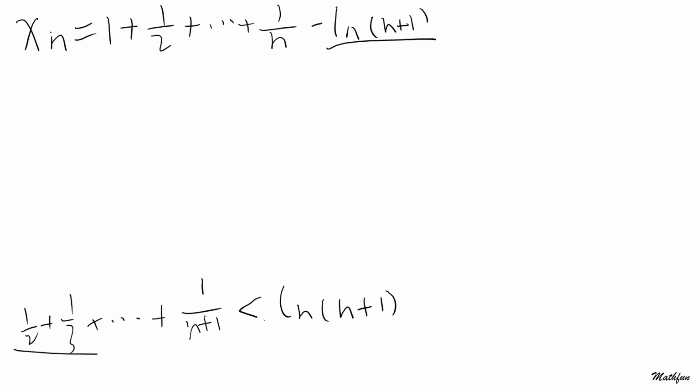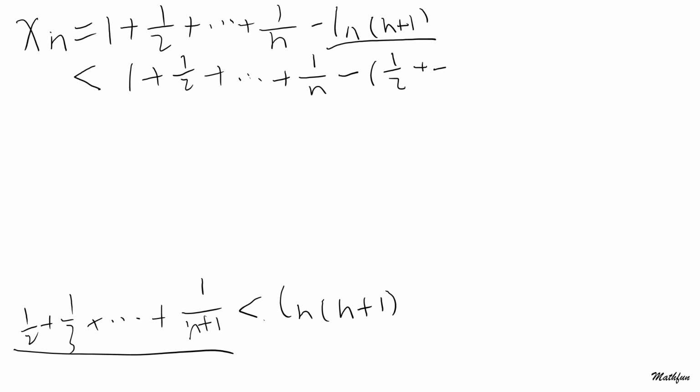So we're going to put this one in the place of that one, and this is a smaller number. When we subtract a smaller number, that means we will get a bigger result, isn't it? So that means we will have to put a smaller size out here, smaller than 1 plus a half until the reciprocal of n, minus a half plus a third and so on until the reciprocal of n plus 1.